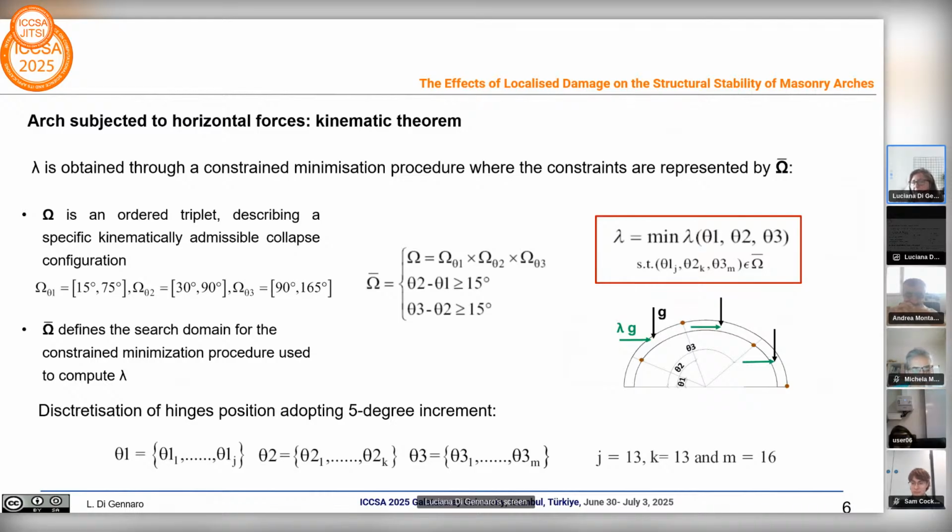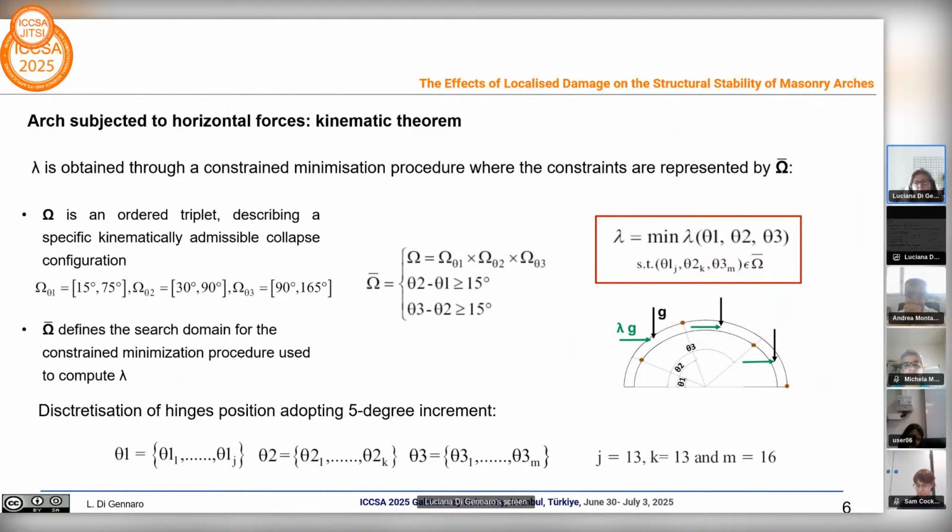The collapse multiplier lambda is thus determined through a constrained minimization procedure in which the constraints represent the geometric compatibility conditions between consecutive hinges, and you can see the field omega assigned that represents the constraints. The difference between 2 consecutive hinges has to be not less than 15 degrees.